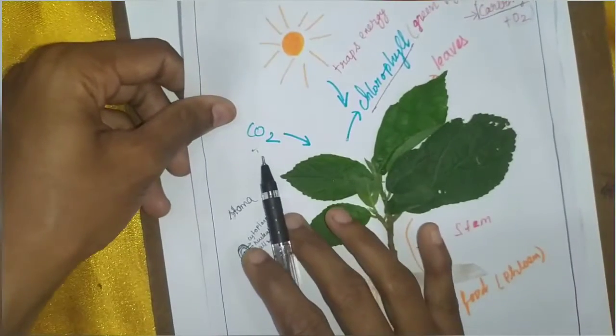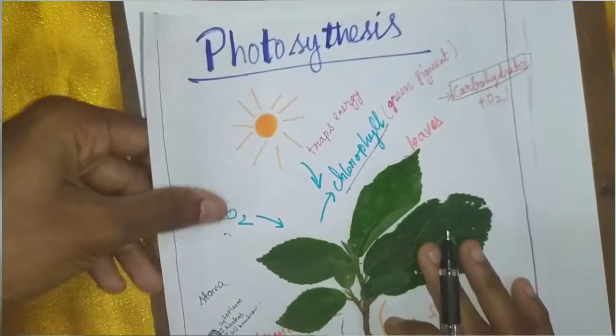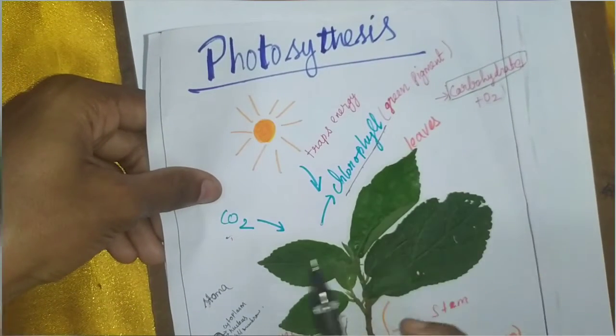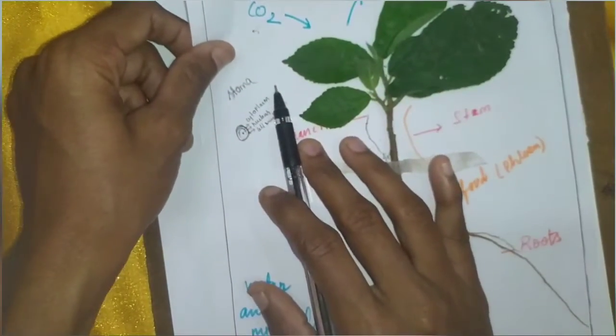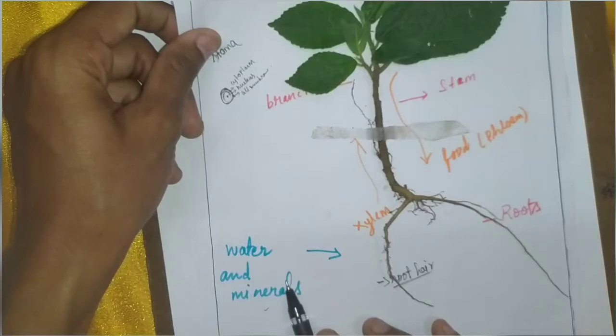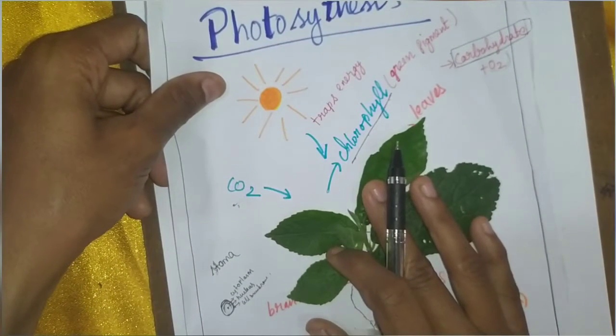So carbon dioxide, water and minerals are the materials needed for the photosynthesis process.